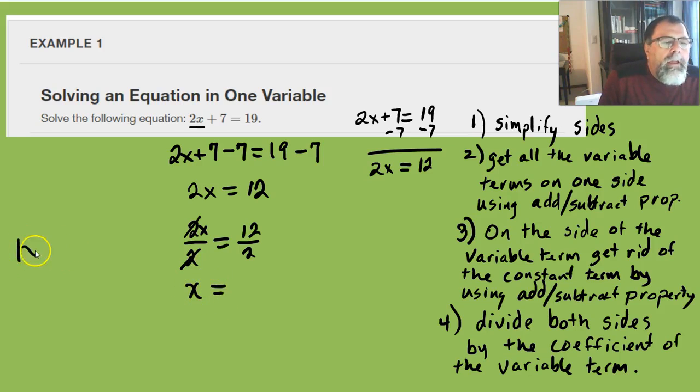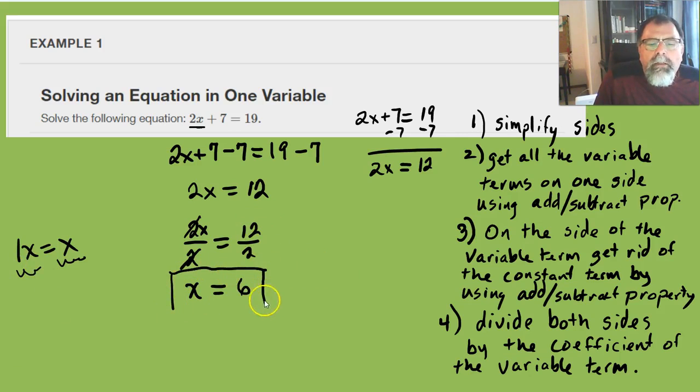Remember, 1x is the same thing as x. And then 12 divided by 2 is 6. And that is our solution. Since this is a linear equation, the solution set is just that one number. Basically, these are the steps I use to solve these.